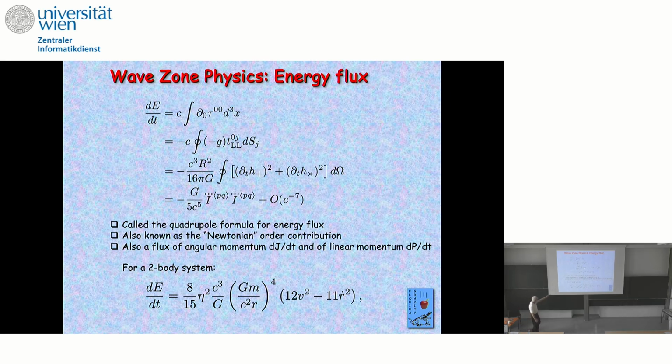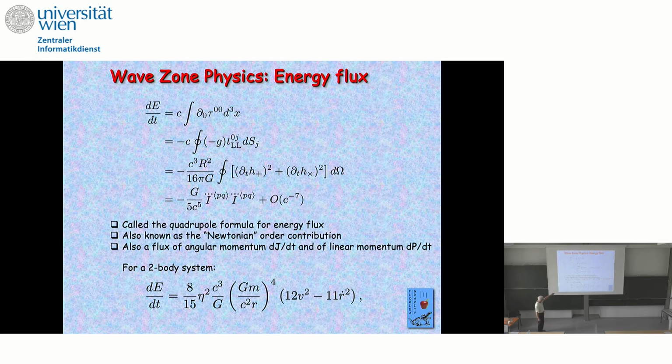And if you plug in what these things are from our gravitational wave signal, you find that it's 3 time derivatives. Remember, h plus was 2 time derivatives of the quadrupole moment, trace-free. So there's another time derivative. And when you put all this together, it's 3 time derivatives of the quadrupole moment, trace-free. It's quadratic, obviously.